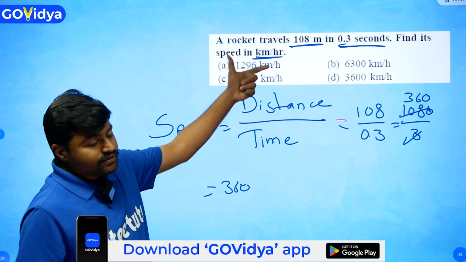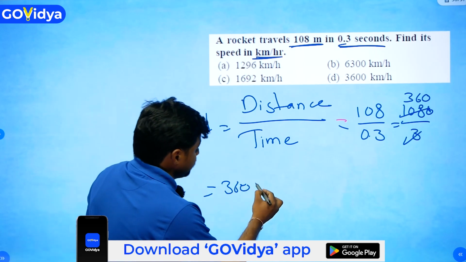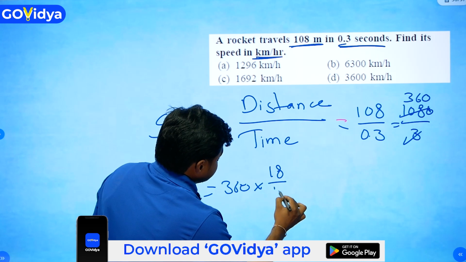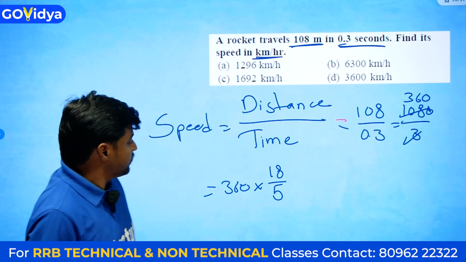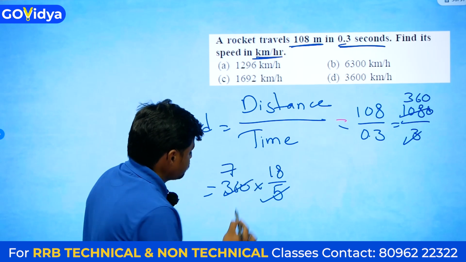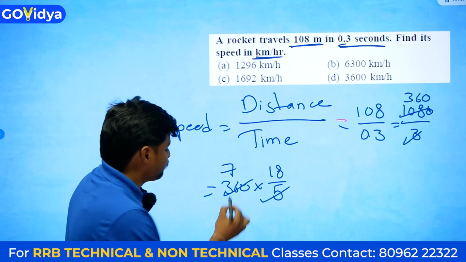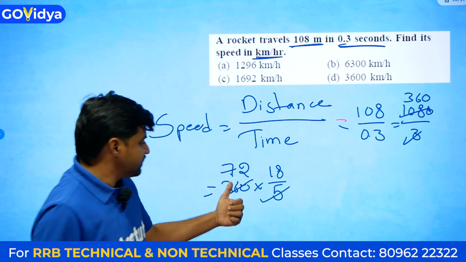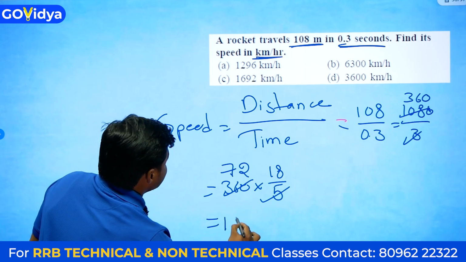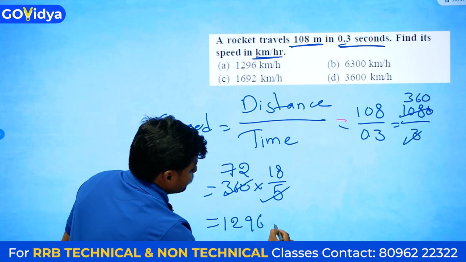Okay, we have to convert into kilometer per hour. For converting into kilometer per hour, we have to multiply with 18 by 5. Okay, 18 by 5. 5 1 ja, 5 7 ja. 5 7 ja 35, 10, 5 2 ja 10. Okay, 72 into 18 is equal to 1296 kilometer per hour.